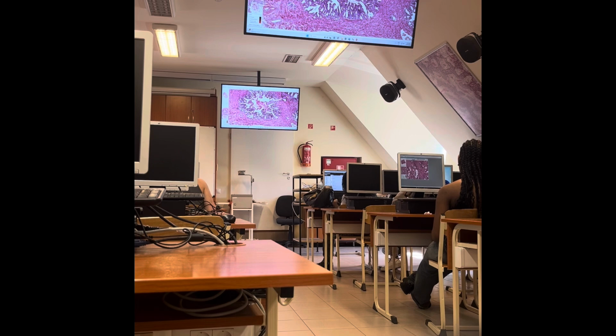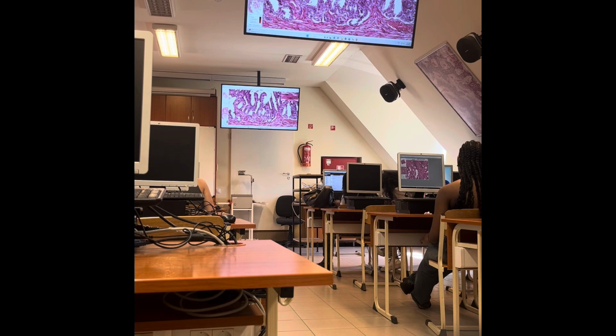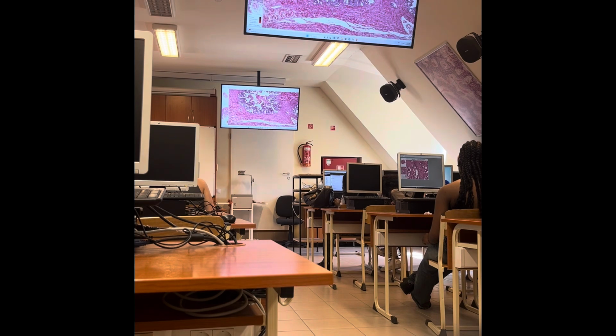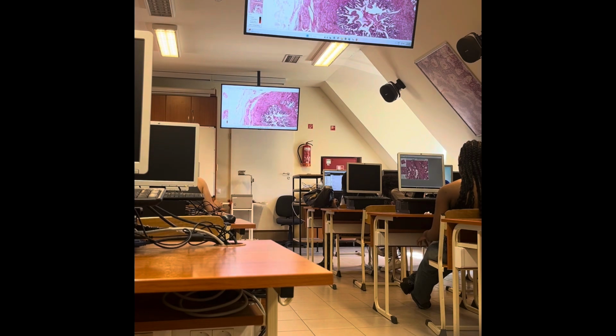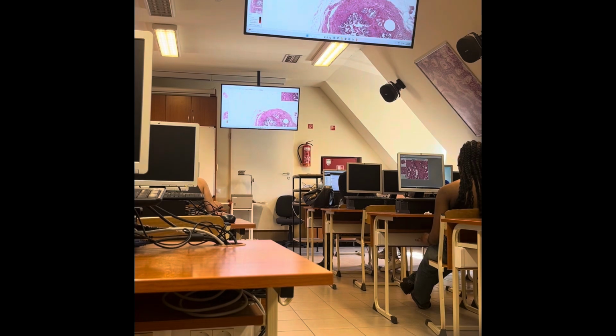This is also called the aging pigment. It accumulates in cells which have a long lifespan. Do you remember last semester we saw it in cardiac muscle cells? Okay, so that is the mucosa, and then the muscle layer again shows the inner circular and outer longitudinal sublayer, so it's the same as in the previous specimen.